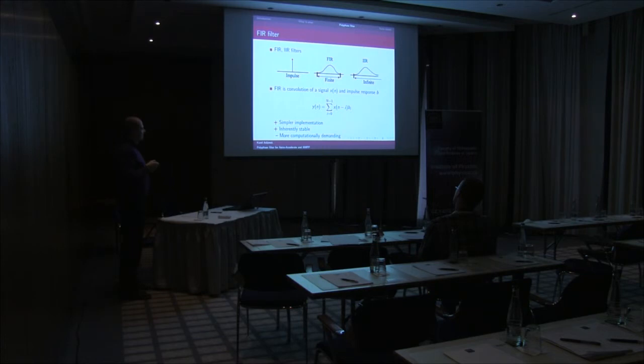The main difference is how they respond to a single impulse. This is our single impulse, and this is the response of a FIR filter, which means finite impulse response. And this is the response of an IIR filter, which means infinite impulse response.